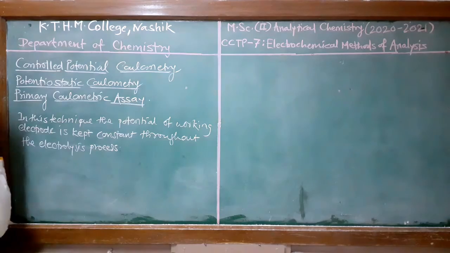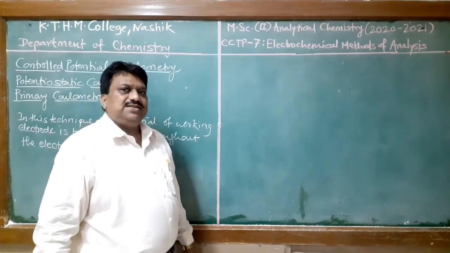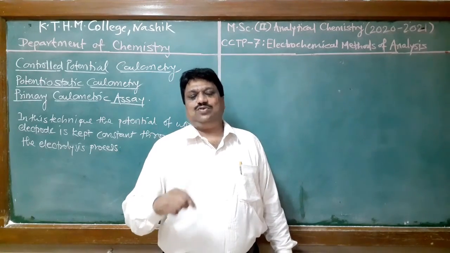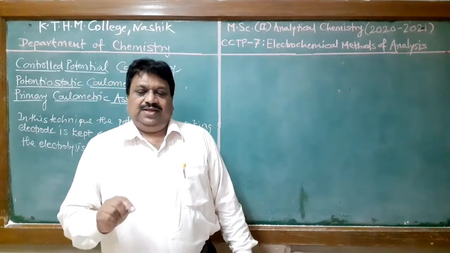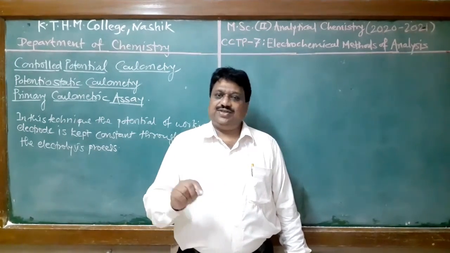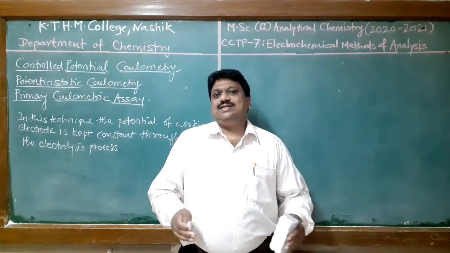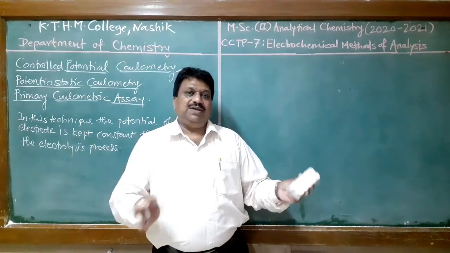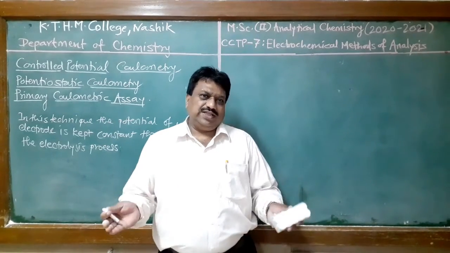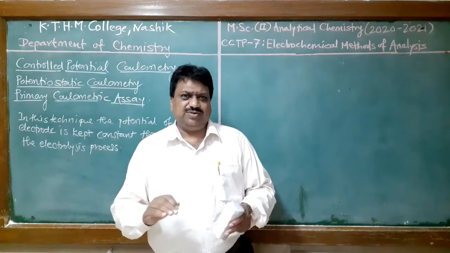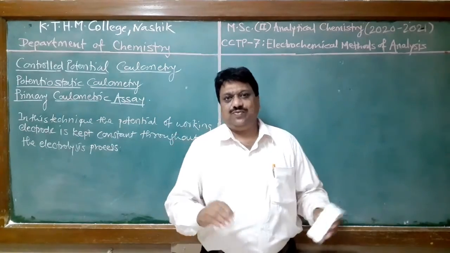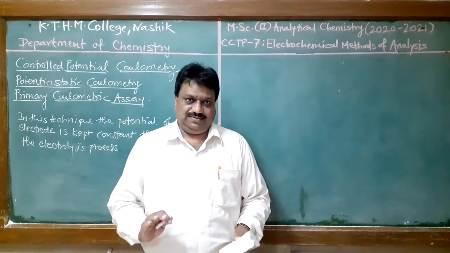Here, potential of working electrode is kept constant, means the potential is selected to a value at which that analyte undergoes oxidation or reduction. This potential is the identity of that material which undergoes oxidation or reduction at working electrode. In this case, no other chemical reaction should be possible at that potential. But if any other impurities whose reduction potential or oxidation potential is nearly equal to that of the analyte, then side reaction is possible.